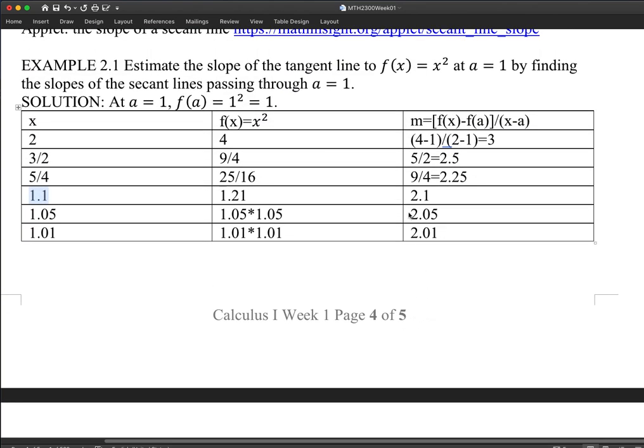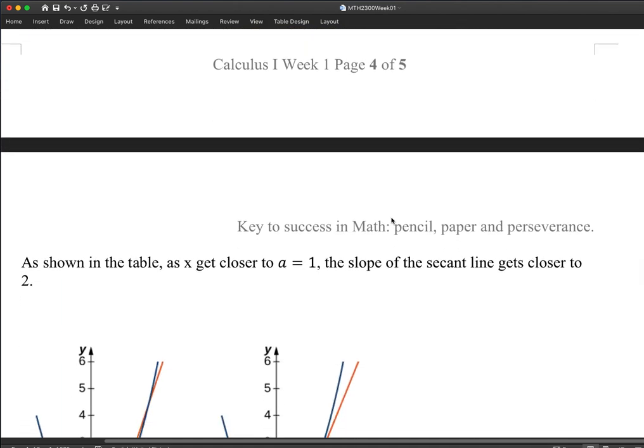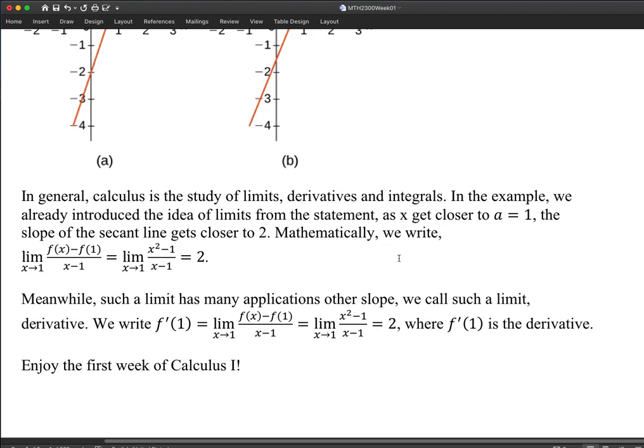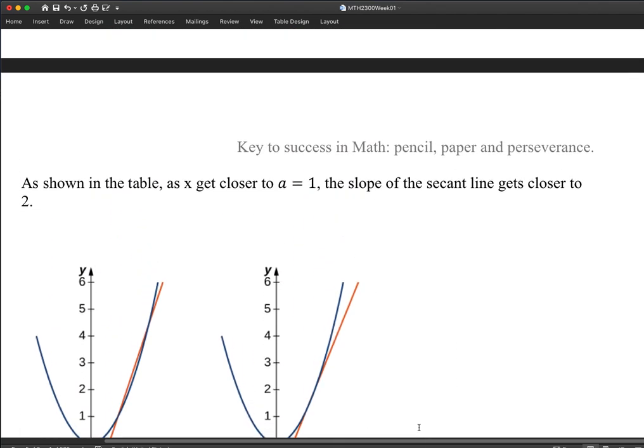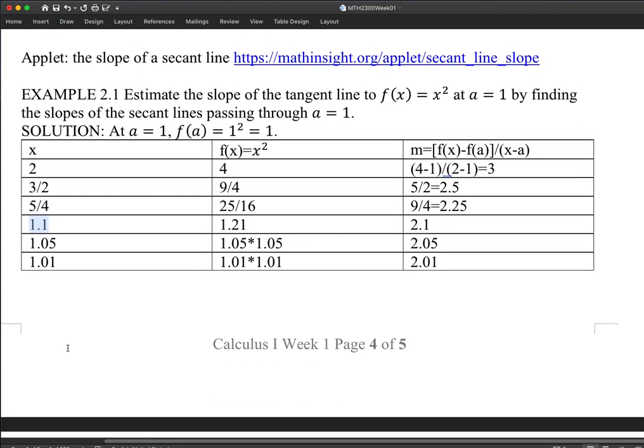So from this table of calculation, I want you to know I am seeing 2 things. This is the slope formula, rise over run. I have a fixed. x is chosen as those values getting closer and closer to 1.